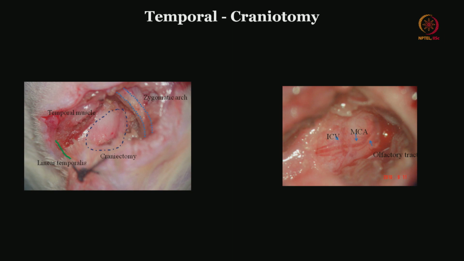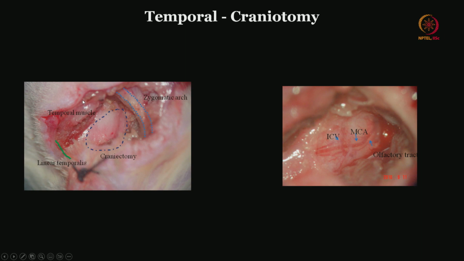If you are removing the bone permanently, then the word ectomy. Ectomy is cutting off. So craniectomy terminology will be used. Anyway, in any terms, you're basically trying to expose the area of the brain below that particular area.